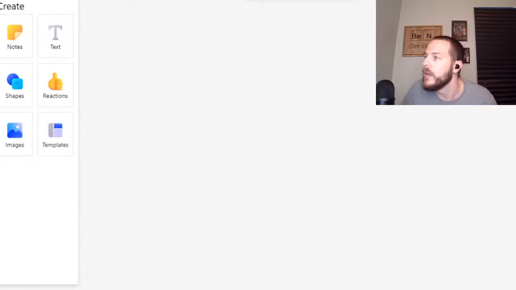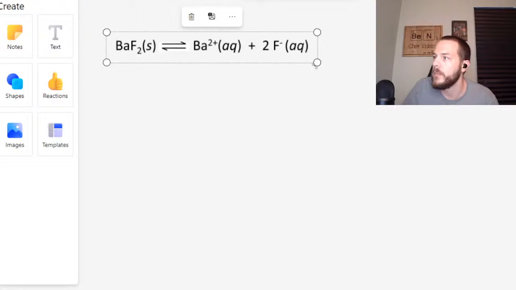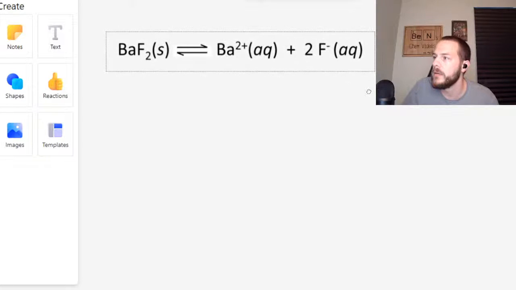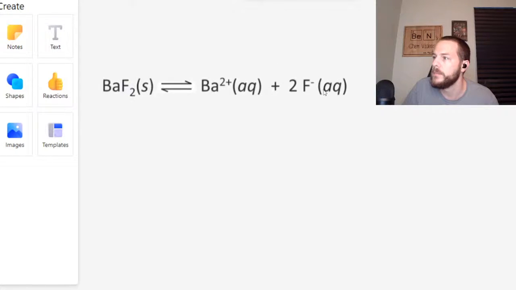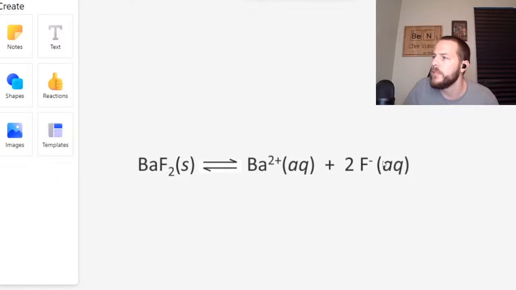Bear with me while I find it. So this is barium fluoride. Let me resize it here. Maybe down here is a good place to put it.